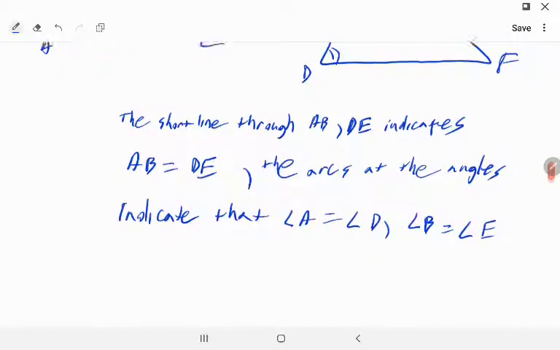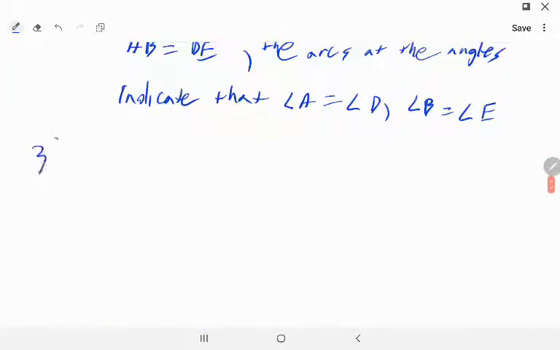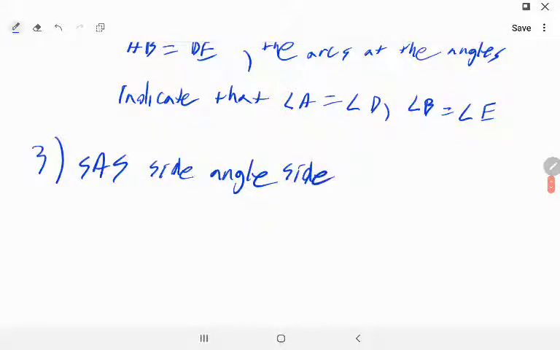That was angle, side, angle. Our third way of doing it is with side, angle, side. And we talked about this a little bit.